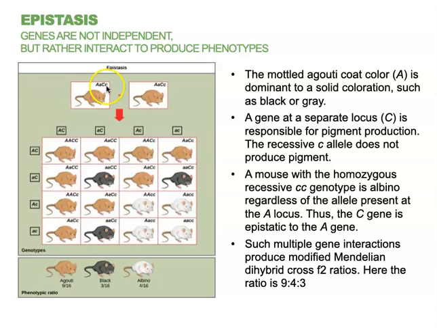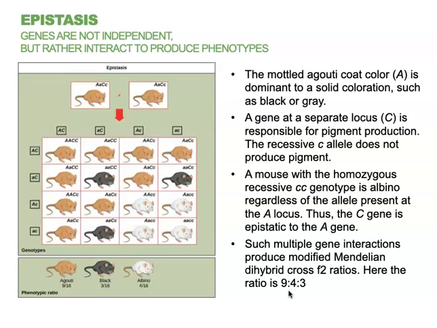Take a look up here. Small c, small c. Set up your crosses. Large A, large C, small a, large C, large A, small c, with small a, small c. When you do the cross, you can see this is actually how we end up getting our recessive phenotype being expressed independent of the dominant allele, which was A. Such multiple interactions produce modified Mendelian dihybrid crosses, where here now the ratio is 9 to 4 to 3.